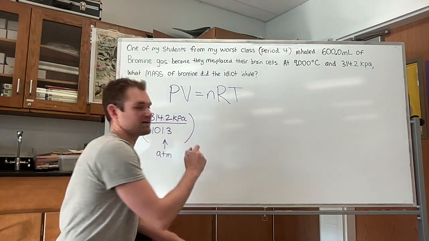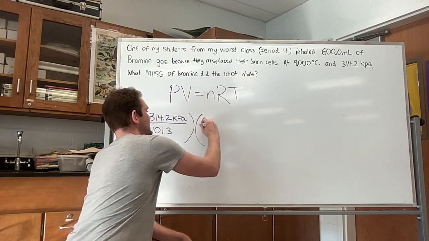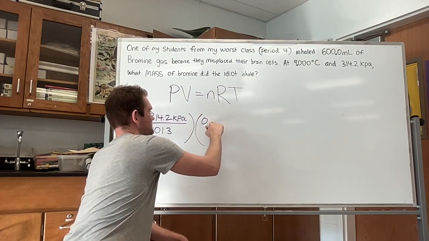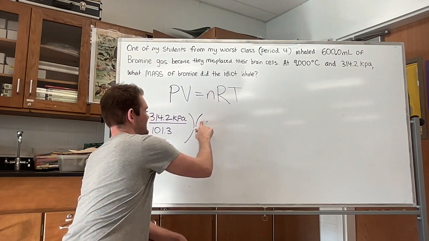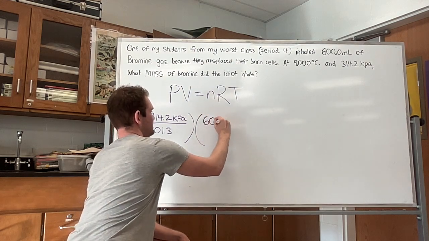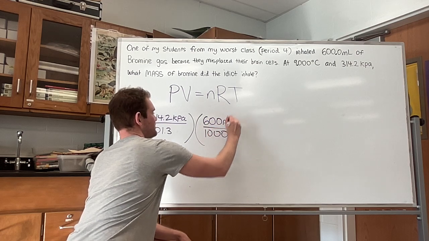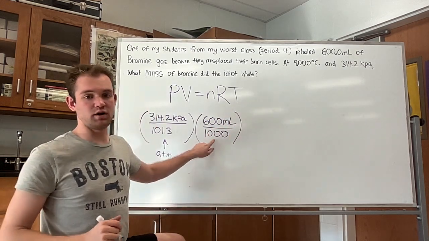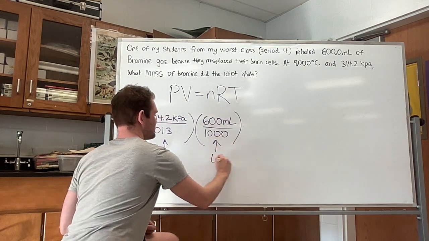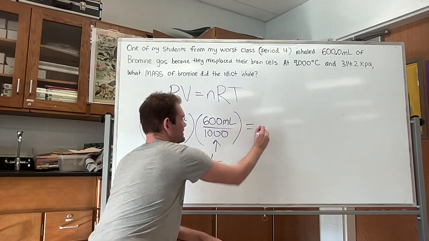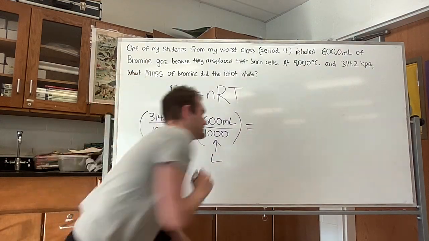So my next number, I'm just going to write 0.6 liters. And how did I do that? Well, I took my 600 and divided by 1,000. There are 1,000 milliliters in 1 liter, so this now becomes liters. Yay, atmospheres, liters. Let's put an equal sign in there.